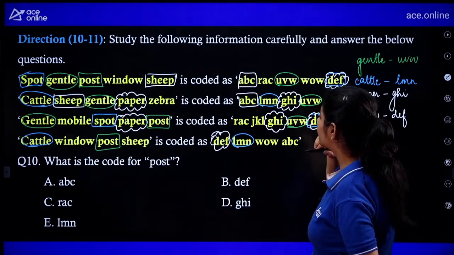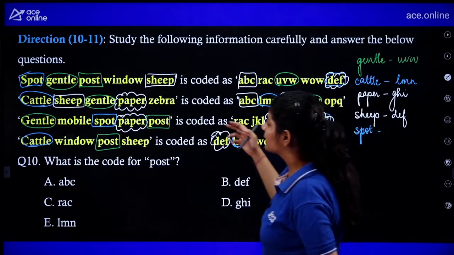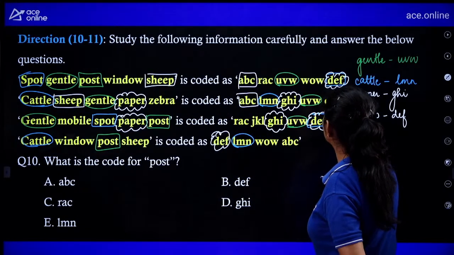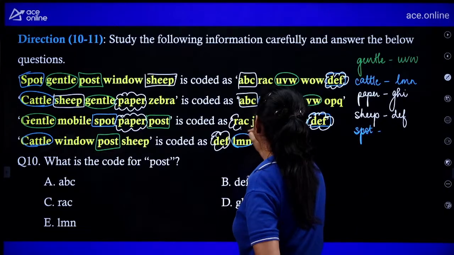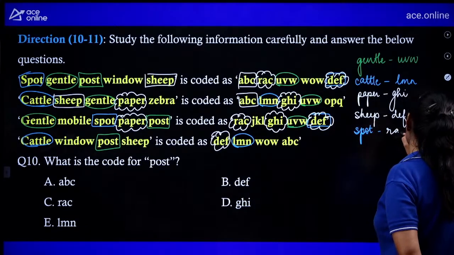And for spot, spot is in this line and this line, third and this one. So we are having RAC. Right?